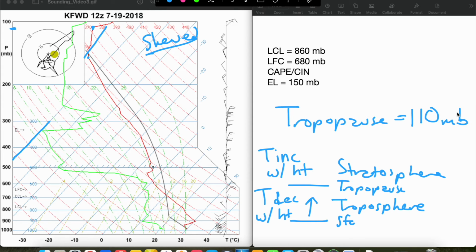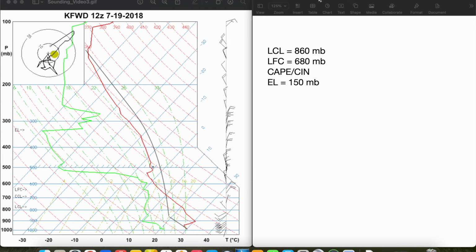You're trying to find things like tropopause folds. For a whole separate video, we're not going to talk about that now, but just so you know how to find it, that is how you find the tropopause height. So our tropopause height is about 110 millibars.